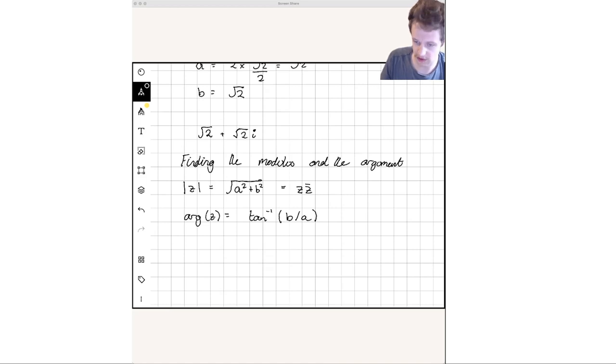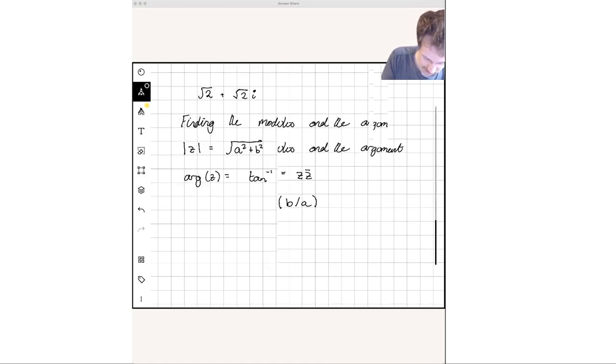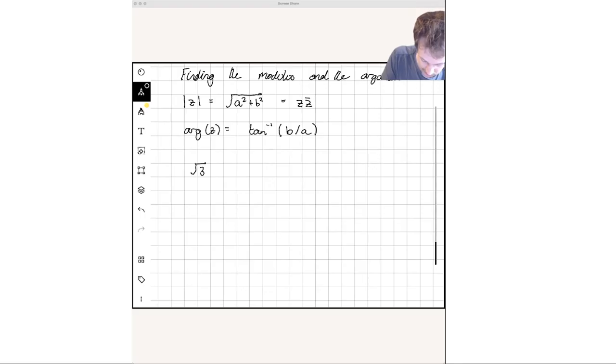So let's do an example. Let's take the square root of 3 plus i, then its modulus is going to be the square root of the square root of 3 squared, which is 3, plus 1 squared, which is just 1. So this is going to be the square root of 4, which is 2.